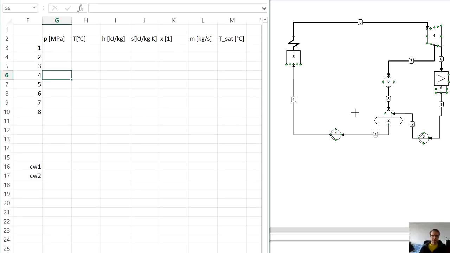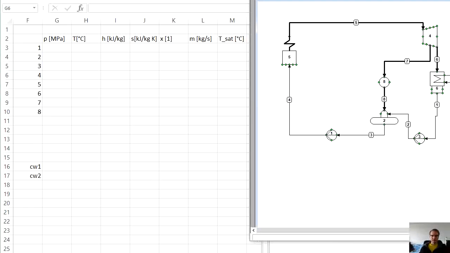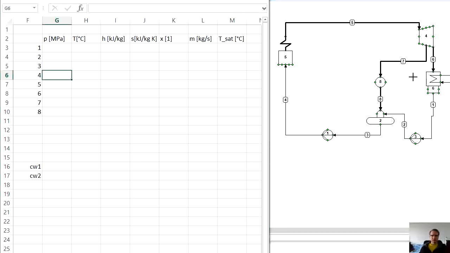According to the process flow diagram, we have nodes 1 to 8 and additional nodes for cooling water inlet and cooling water outlet here.